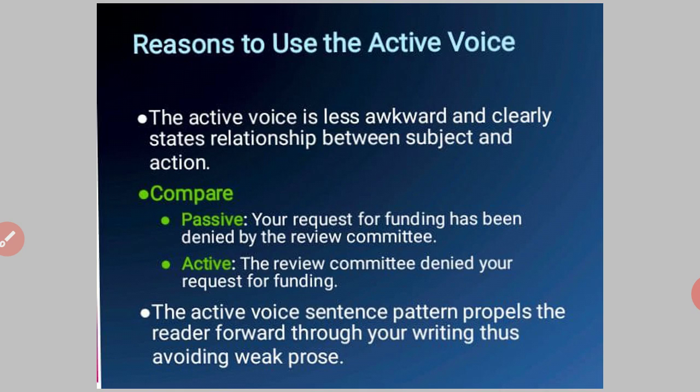But when we write any sentence in passive voice, it's not direct, it's awkward. So it does not propel the reader to go forward through your writing. But in active voice sentences, we are more interested in reading. Getting? This is the reason.